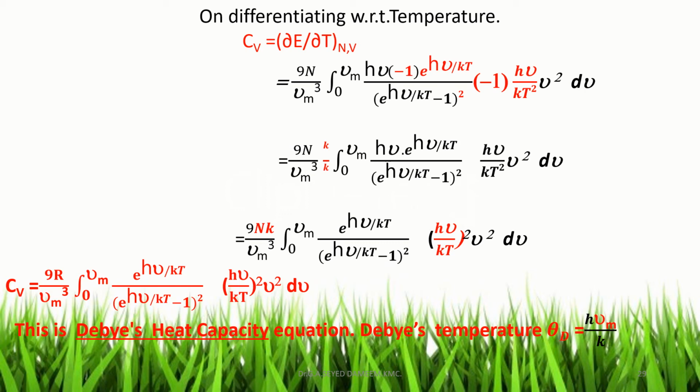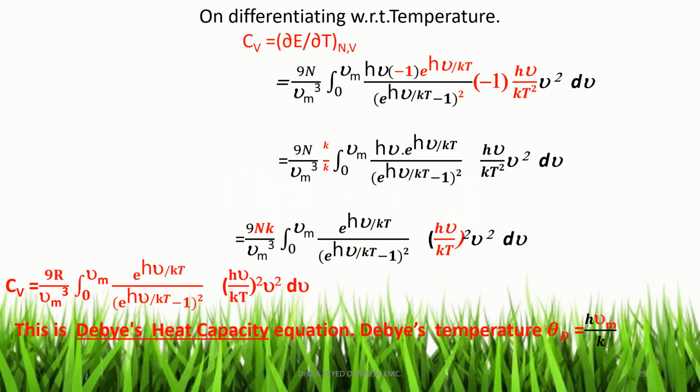So that equation can be written as Cv is equal to 9R, because Nk is equal to R. So 9R divided by ν_m³ integral 0 to ν_m e^(hν/kT) divided by (e^(hν/kT) minus 1) whole square, and (hν/kT) whole square ν² dν. Now this equation is called the Debye heat capacity equation.